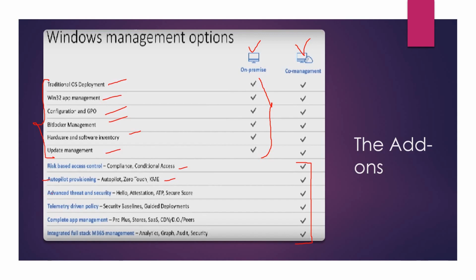We can leverage the advanced threat and security features. We can make use of the complete app management. We can deploy the Office suite. We can deploy a whole lot of applications from Intune now and get an inventory, get a report.